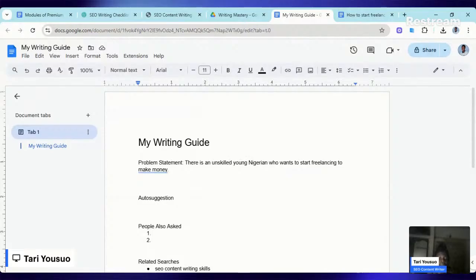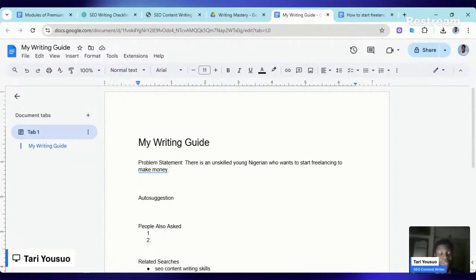So that's why I'm positioned this way. I'm targeting, let's say, someone who is unskilled. Also, a person doesn't have to be a young Nigerian to start freelancing, but this is me dialing in on my audience and who I'm targeting with this article, and the person for whom I'm trying to solve this problem. So this is still me trying to identify the problem.